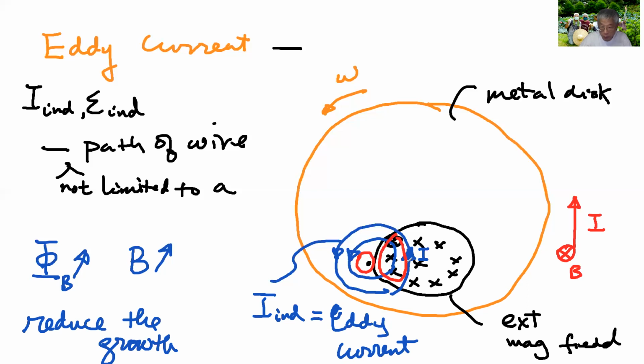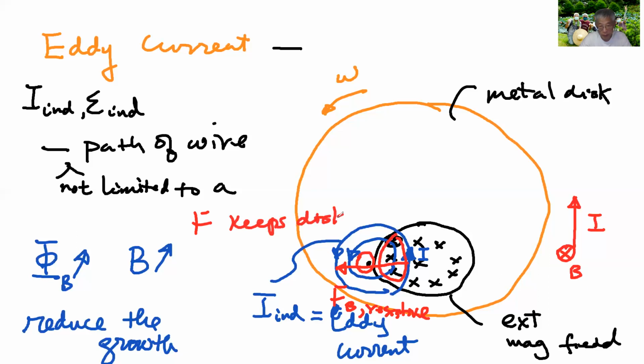So there will be a force acting in this direction. This F is an electromagnetic force that is resistive, so it will basically try to keep this disc from entering this region. This F is a FB.